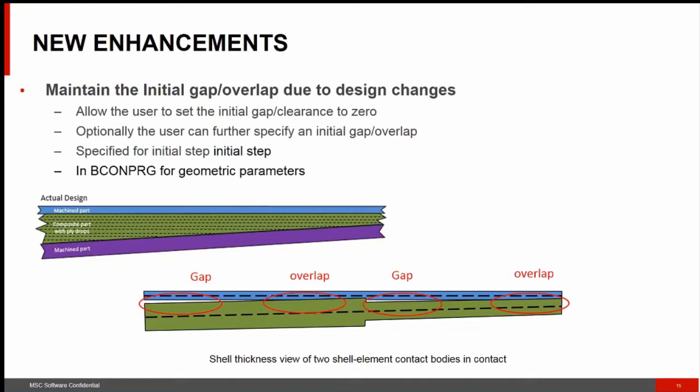Another option is for ply drop-off. Since we don't create the properties for each ply drop-off, the plate thicknesses are idealized and have variable thicknesses, so these changes can create gaps and overlaps between the plates. So that's another useful place where the initial gap and overlap capability can be used.